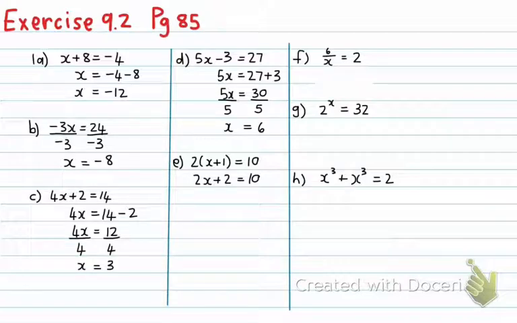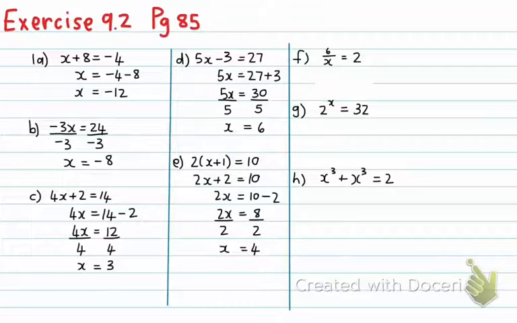Now I get rid of the term without the x first, so I have to get rid of this positive 2. Therefore, I keep the 2x on the left-hand side, I keep the 10 on the right-hand side, but that positive 2 is now going to become a negative 2. And 10 minus 2 is going to give me 8. Now I want to get rid of this 2 because I want x alone. Therefore, I'm going to divide with 2 on both sides, and 8 divided by 2 is 4.